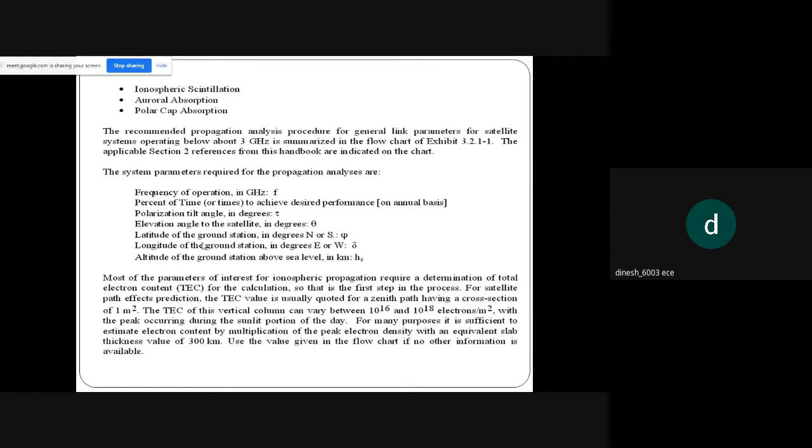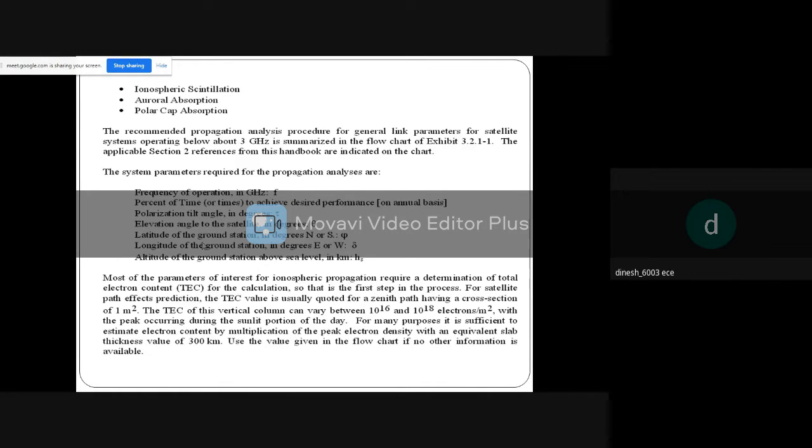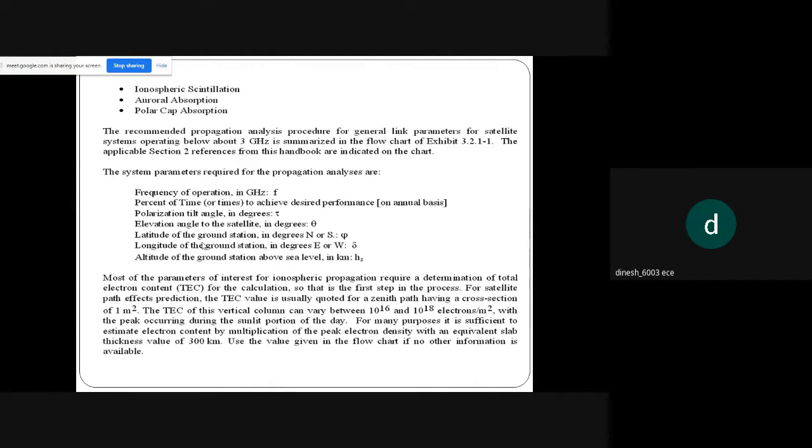And most of these parameters for ionospheric propagation require a TEC value. TEC represents total electron content, which is the first step in the process of analyzing the propagation parameters.